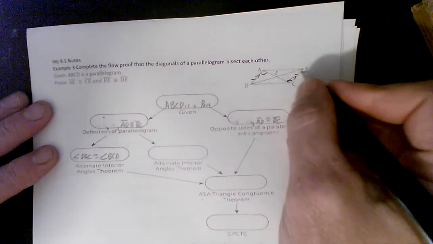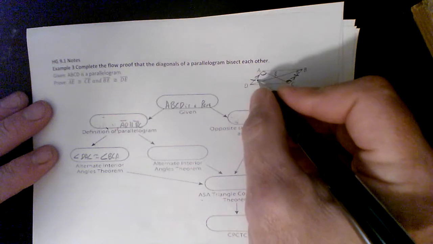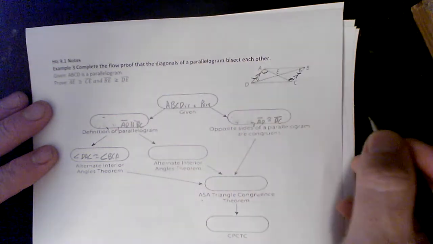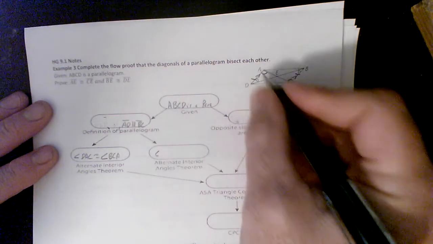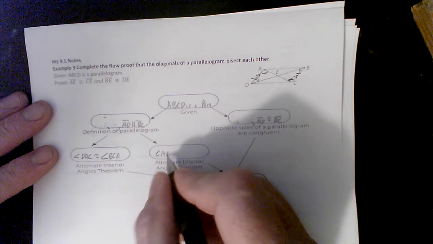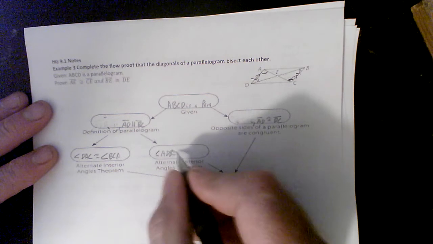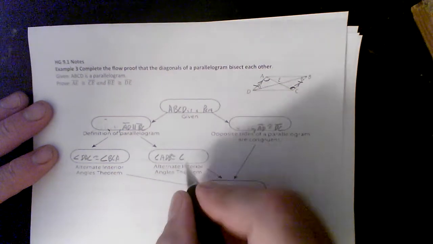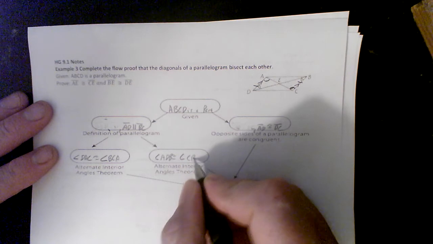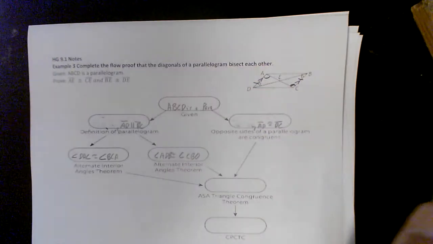Now I'm going to do the other side. I'm going to come over to this side and do this angle here and this angle here with the same reason, alternate interior. So I'm going to say angle ADB is congruent to angle CBD. Again, alternate interior angles.